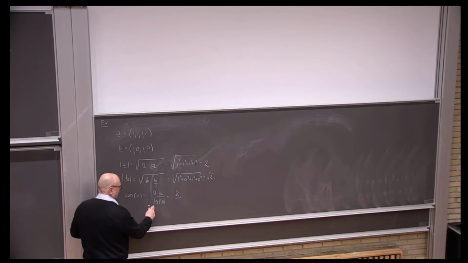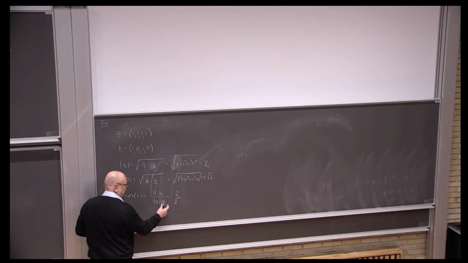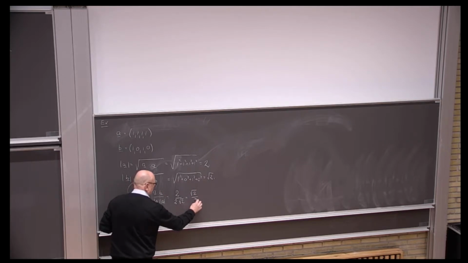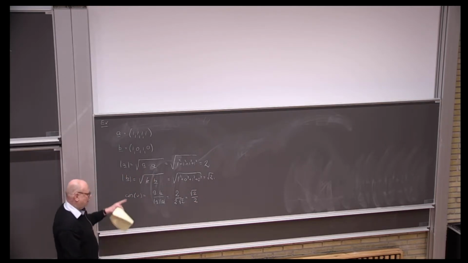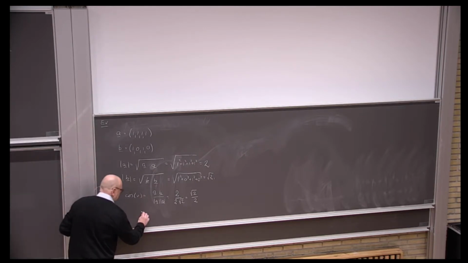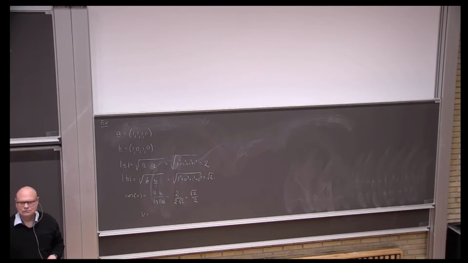Then divided by the length of A, which is the square root of 2, and the length of B, which is the square root of 2. So this is 2 over 2, or 1 divided by the square root of 2, which is the same thing. And then, of course, you know what the angle is. Yeah, pi over 4.